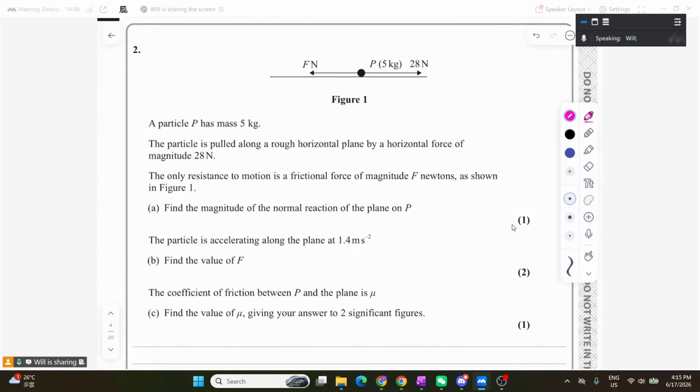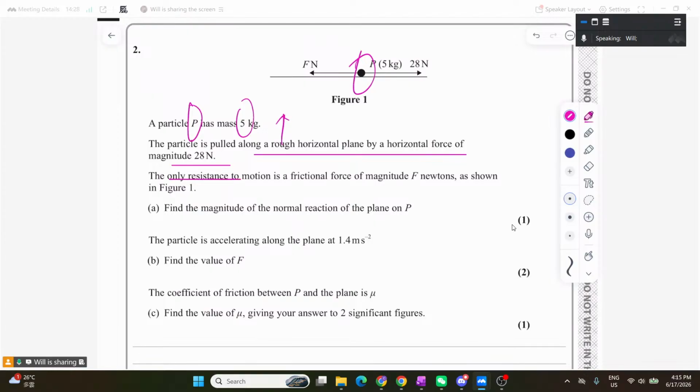Question 2. Here are two forces acting on the point P. The particle has mass 5 kilograms, and the particle is held along the rod on the rough horizontal plane by a horizontal force of magnitude 28.